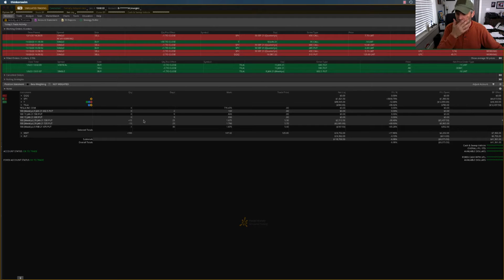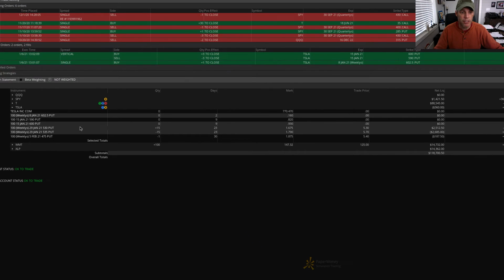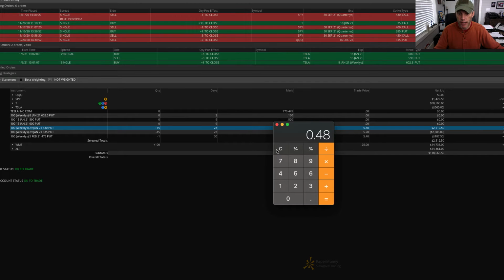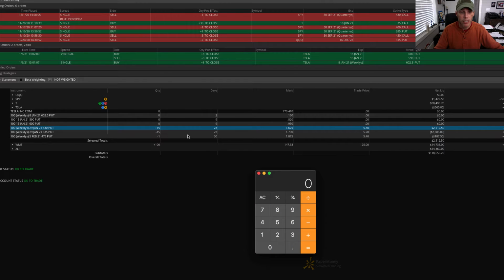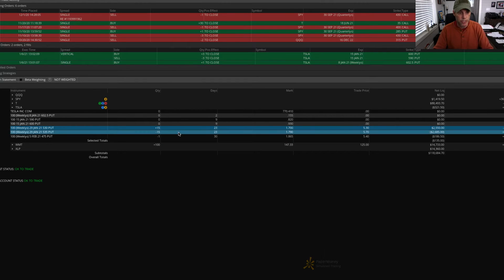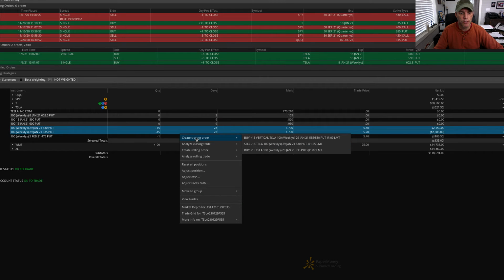Let's look at our monthlies. Same thing. For our monthly vertical, we got 40 cents. Let's see what those are at right now, because we would want to be at 20 cents, right? If I shift right click, I'm not sure why my platform is running so slow, I can buy back at 9 cents.